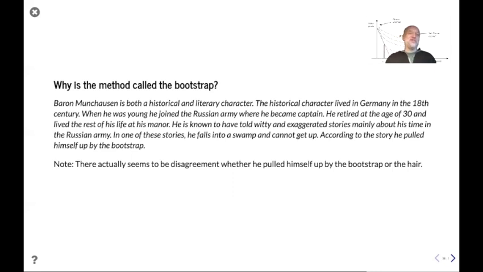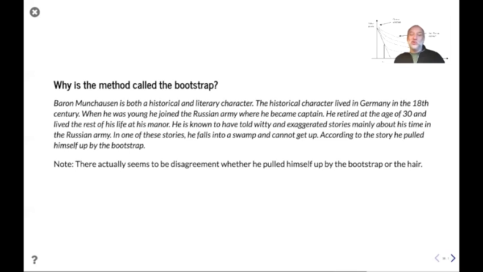So here's a little story from history. Baron von Münchhausen is both a historical character and a literary character. The history goes that he lived in Germany in the 18th century, where when he was young, he joined the Russian army, where he became a captain. He retired at age 30 and lived the rest of his life as a gentleman.